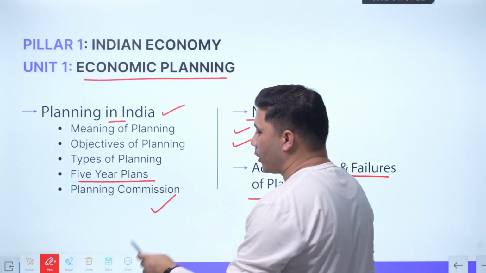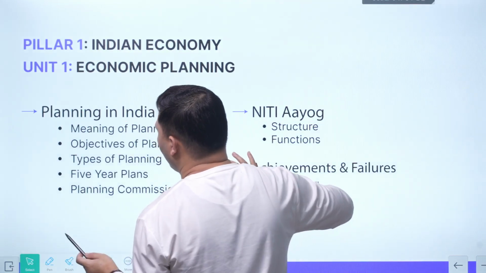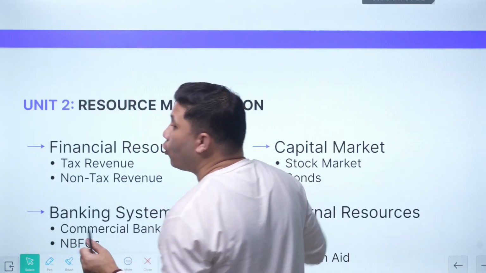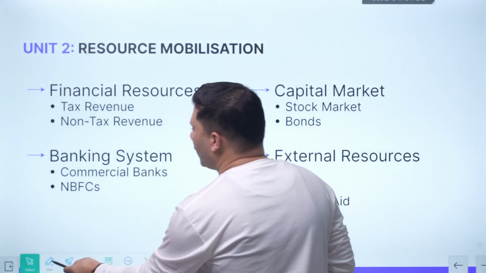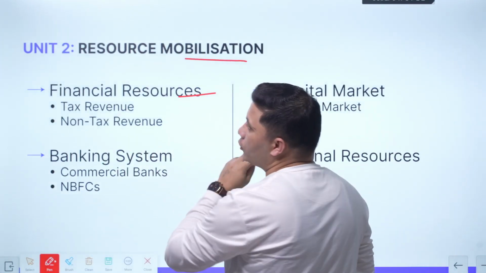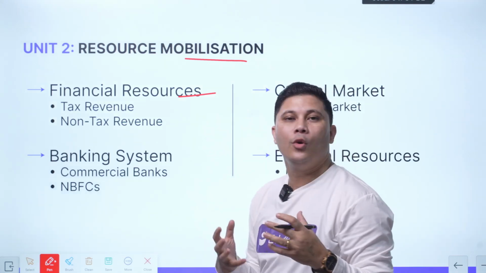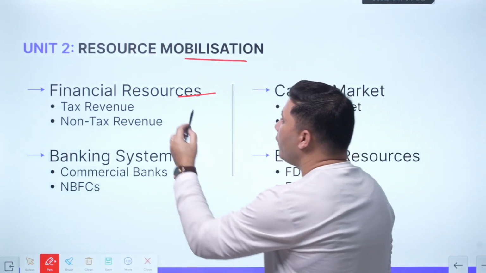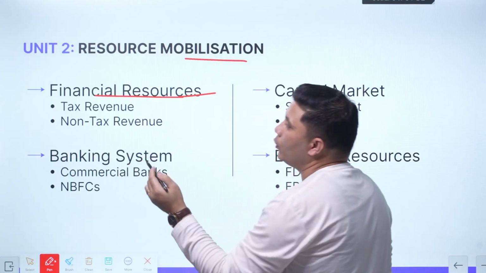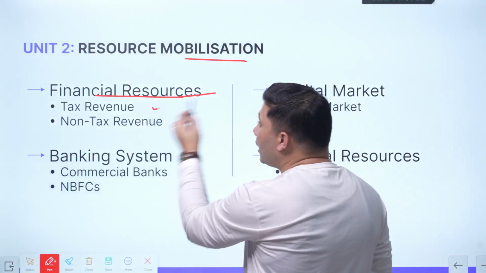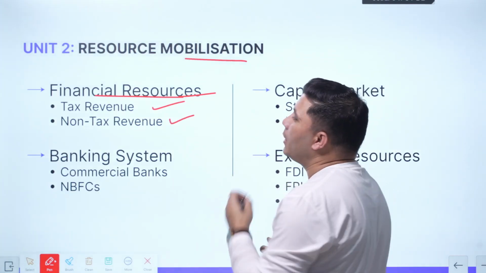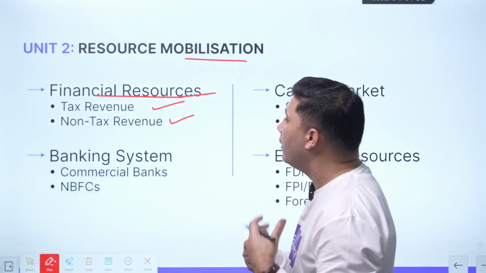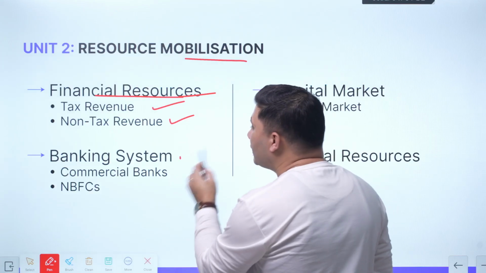Very important. Now going forward, in unit 2 the core economy will start, where you will have to know the resource mobilization. In the resource mobilization you have to know the Indian economy's financial resources, where you have to know what are the tax revenue of the government of India and what are the non-tax revenue of the government of India. Then you have to know about the banking system.